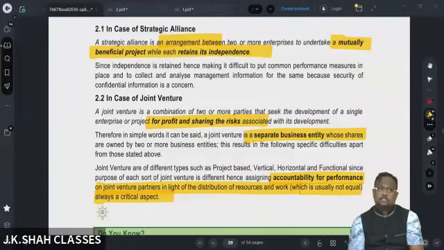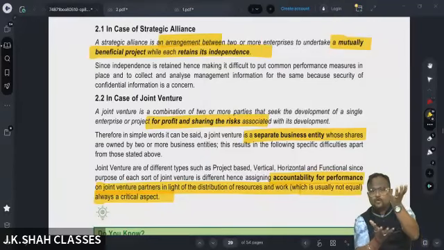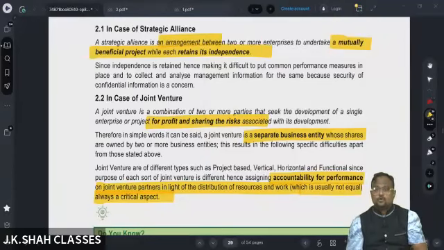Vertical is, a builder has one project and that project requires some materials, cement and all that. So I enter into a joint venture with the supplier who's going to supply the entire material required for the construction work. This is vertical.